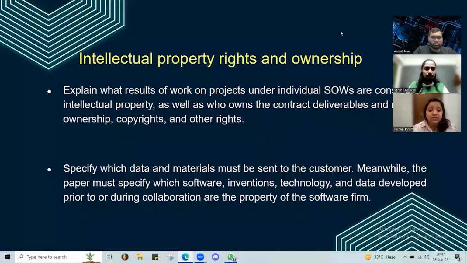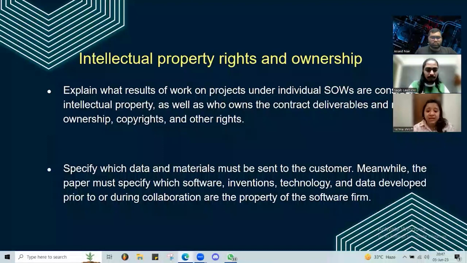Explain what result of work on project under individual SOWs are considered intellectual property, as well as who owns the contract deliverables and retains ownership, copyrights and other rights. That is what it is, that who retains those IPR rights, whether it is the copyright of the website, whether it is the different logo or the different tags that you created under a website development, who will own those IPR rights.